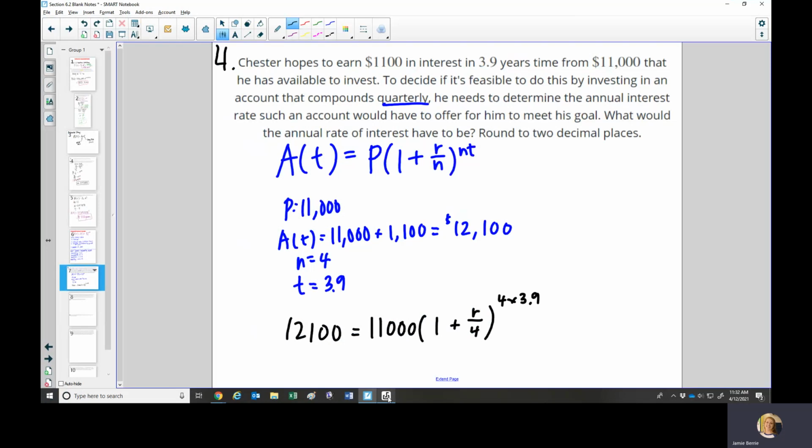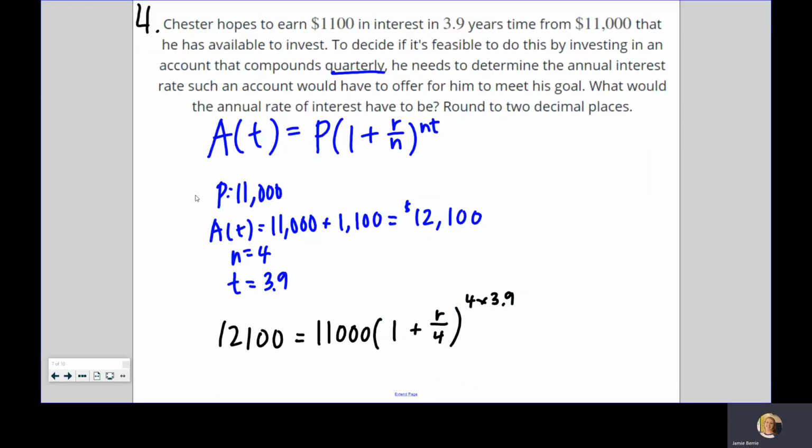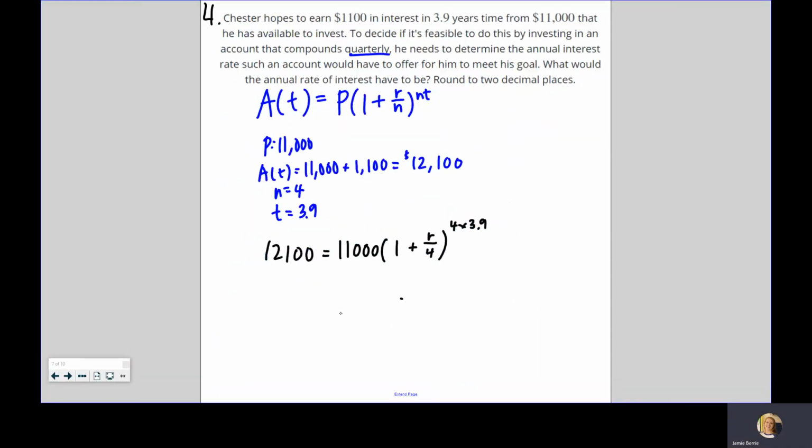So let's go ahead and simplify that exponent. 4 times 3.9 is 15.6. So 12,100 equals 11,000 times 1 plus R over 4, raised to the 15.6.